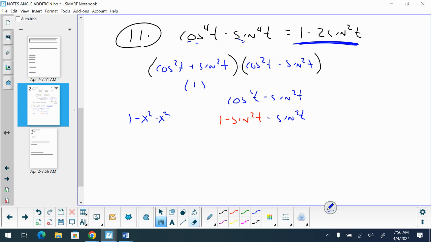If we have 1 minus x squared minus another x squared, that simplifies algebraically to what? 1 minus 2x squared. So now we have 1 minus sine squared minus another sine squared. Same idea, which is what we're trying to get to. We're done.